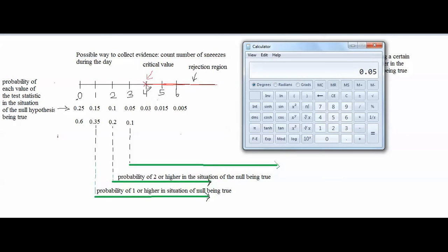For each number, we're just adding all of the probabilities that are at that number and above. So right now we're working with 4, so we're adding the probabilities of all outcomes that are either at 4 or above 4, which means we're adding these 3 numbers right here. And they add up to 0.05.